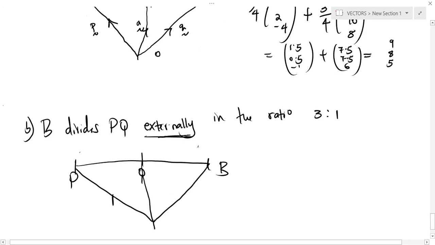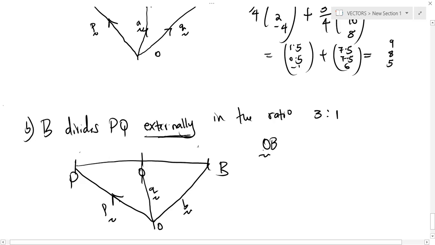Okay, so this is our position vector P, position vector Q, and then position vector B. Let's call this our origin. So what is OB? What is the position vector OB?